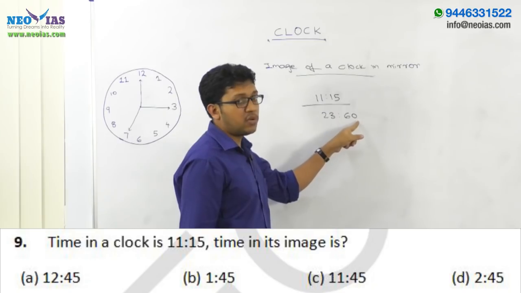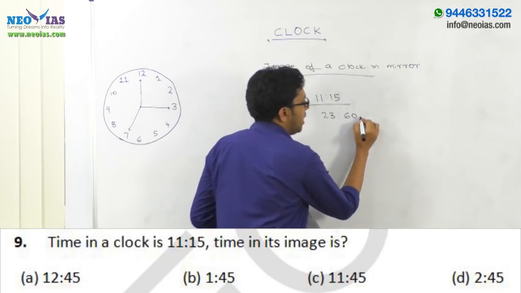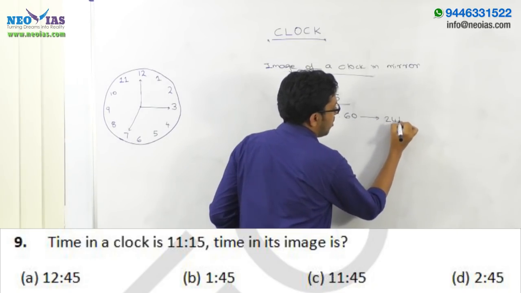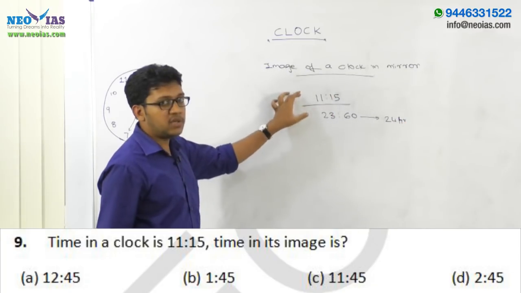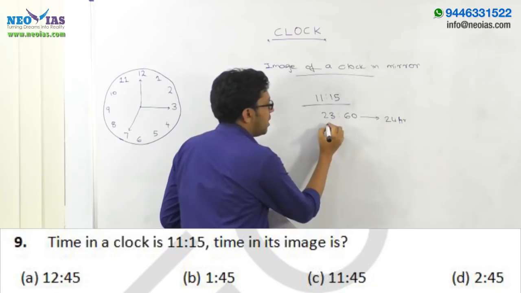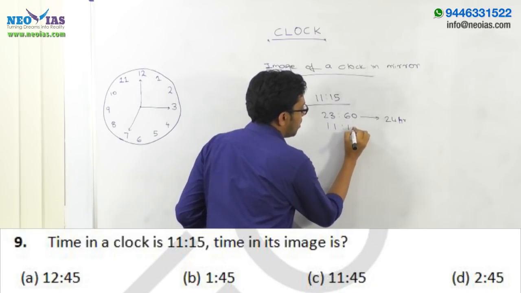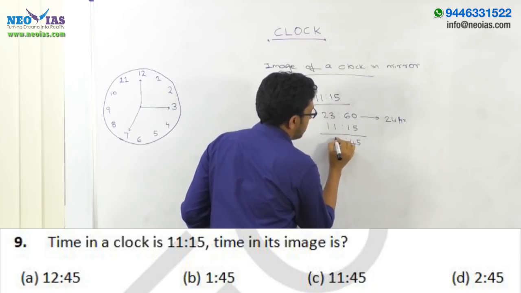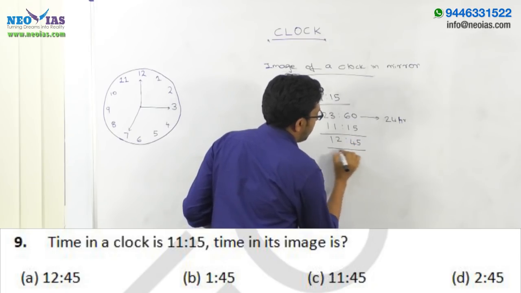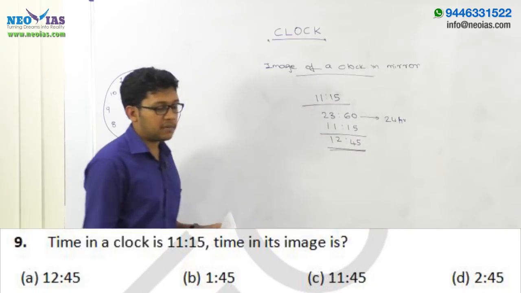This is again a 24-hour clock we are using. Subtracting 11:15 from 23:60, we will get 12:45 will be the answer.